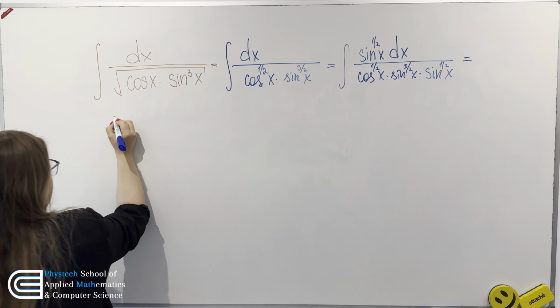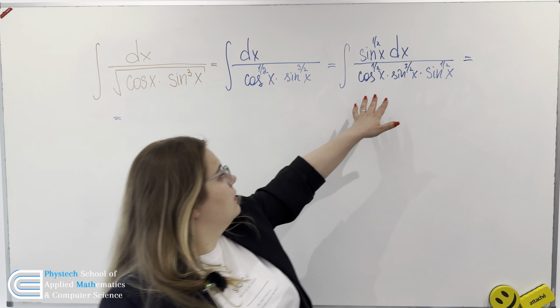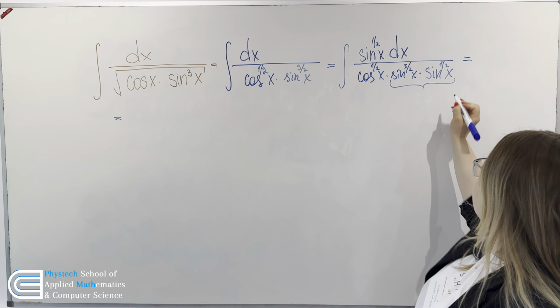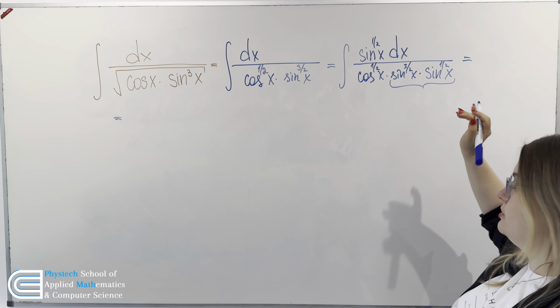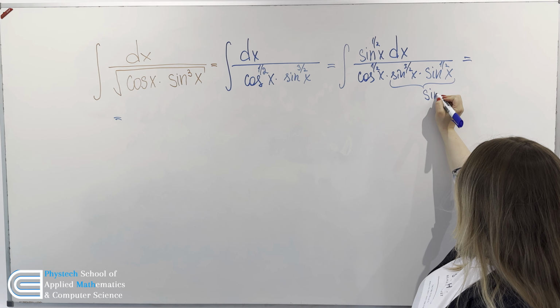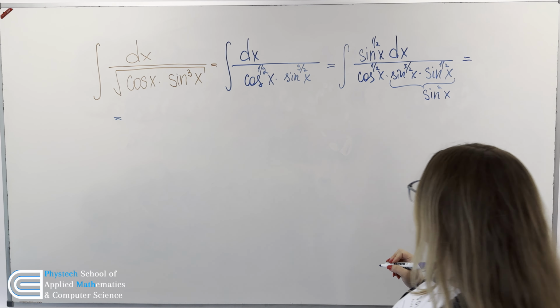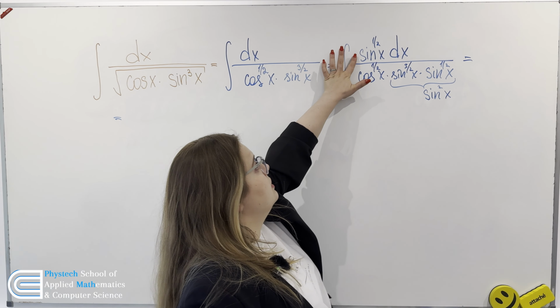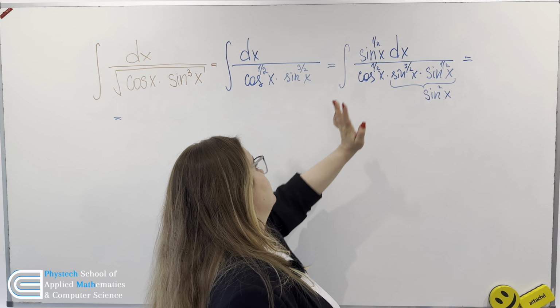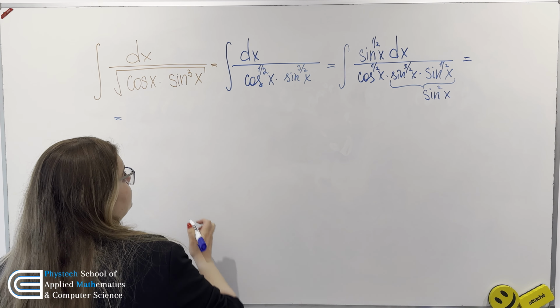Why did I do it? We can see now that here in our denominator we have sine of x to the power of 2. And sine divided by cosine gives us tangent.